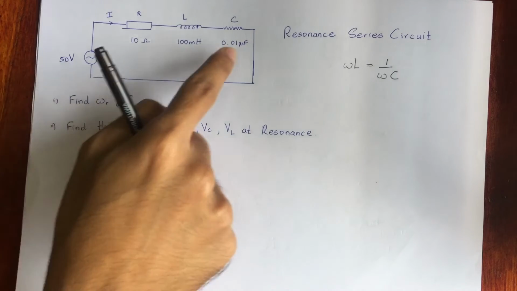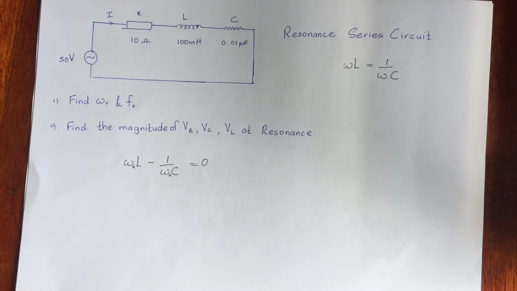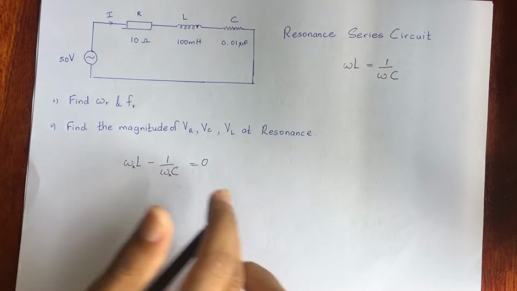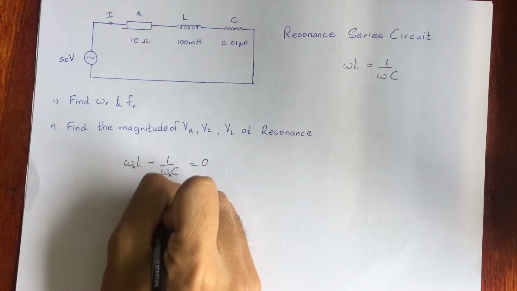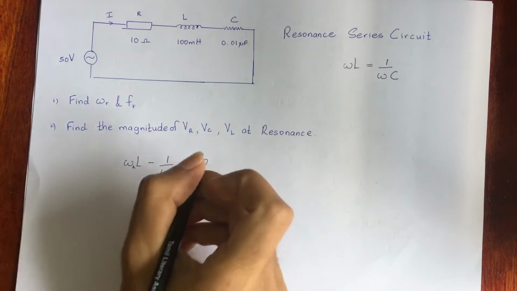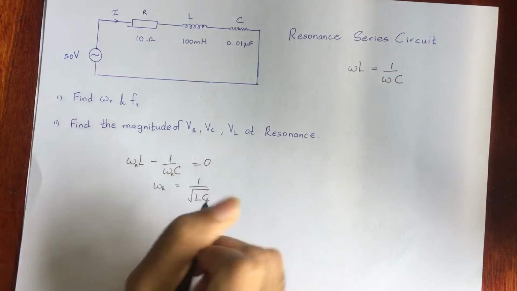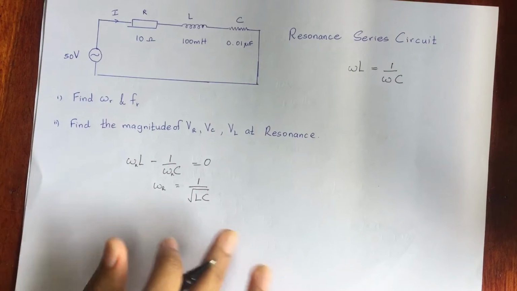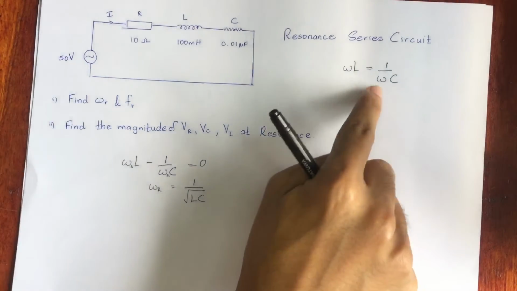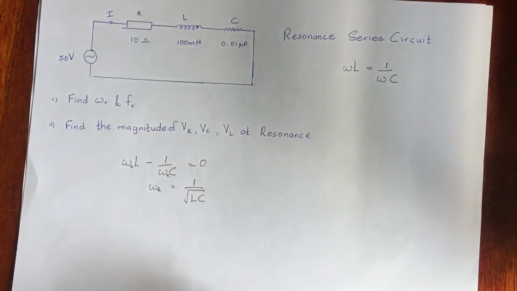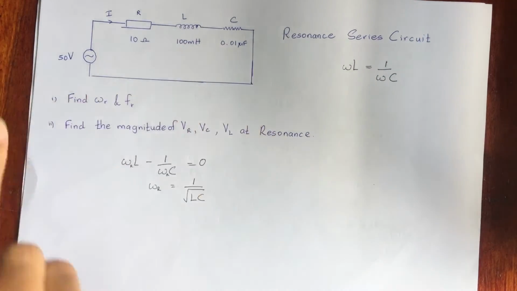Sorry, this is millihenry, and it's going to be microfarad. If I rearrange this, we can directly tell omega R equals 1 over root LC. You can directly use this equation too. However, we have derived this from omega L equals 1 over omega C: if we make omega the subject, we get this equation.